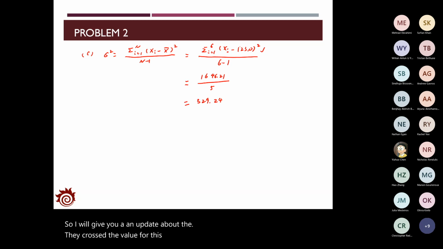But this is the way for you to calculate the mean, median, and variance. You should follow the same procedure to get the result. You will receive an updated value from the calculation after this lecture.